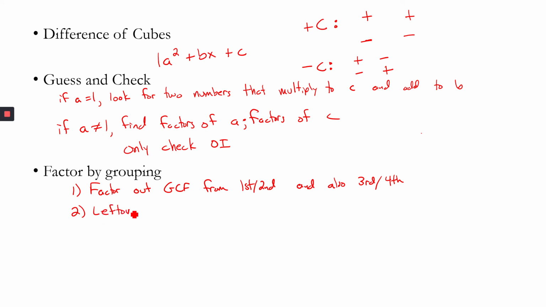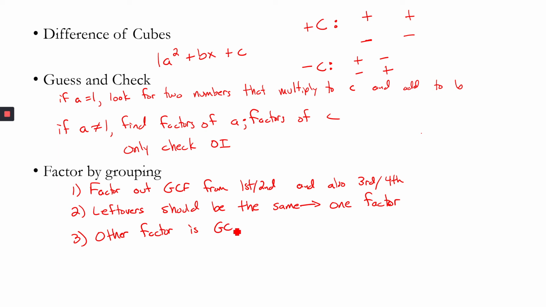The leftovers should be the same. And by leftovers, I mean the stuff that is still left inside the parentheses after you factor out the GCF from the first and second, and then after you factored out the GCF from the third and the fourth. So whatever those leftovers are, that's one factor. And then the other factor is the 2 GCFs that you factored out from step 1.